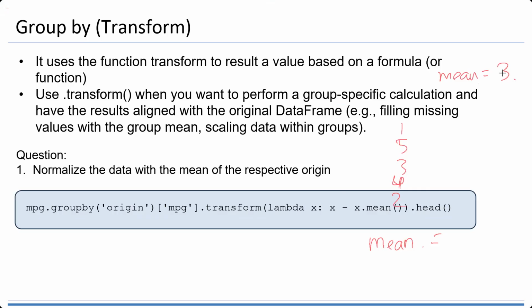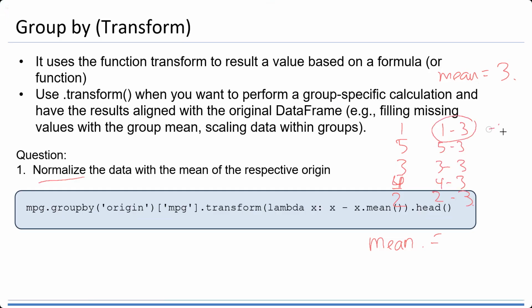Then in order to normalize, I will do 1 minus 3, and then 5 minus 3, 3 minus 3, 4 minus 3, and then 2 minus 3. Okay, we can get the normalized values.